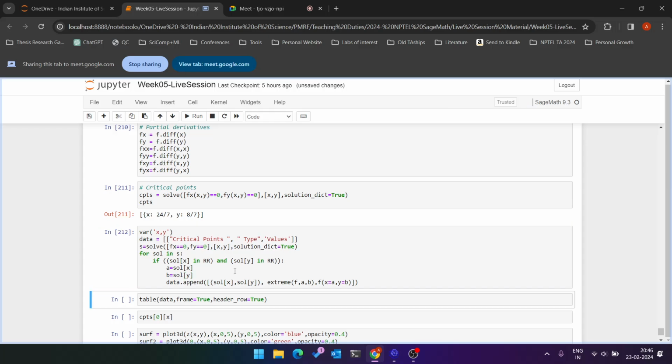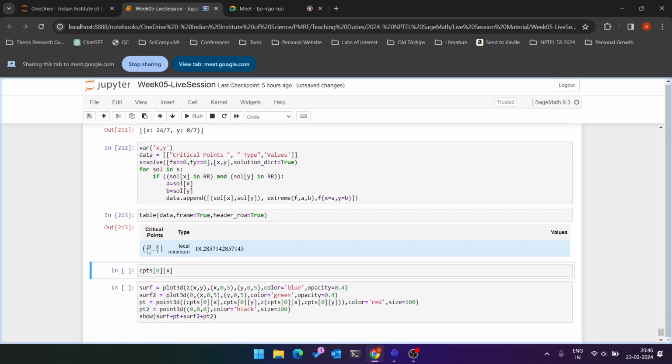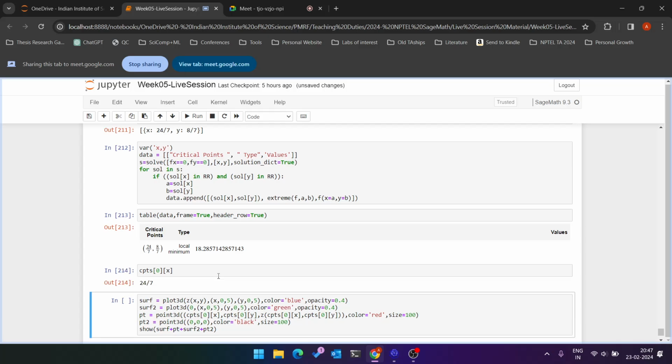And once I run this as a table, what I see is that at 24 by 7, 8 comma 7, I have a local minima, and the square of the distance is 18.28. So somewhere around 4.2, 4.3, we have our distance to the origin.